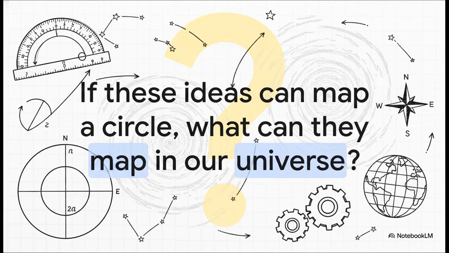An angle is just a turn, and we've got two ways to talk about it. The one we made up, degrees, and the one the universe gave us, radians. Knowing how to speak both languages doesn't just help you pass a math test. It gives you the fundamental tool that we've used to map our world and navigate the entire cosmos. So the next time you see a circle, just ask yourself, what else could we map?